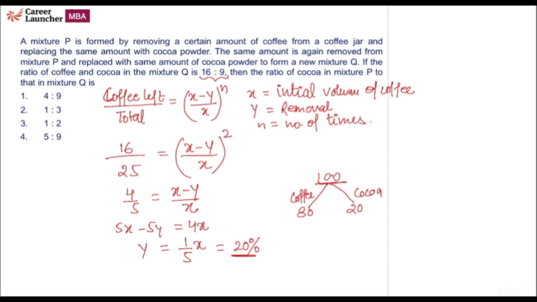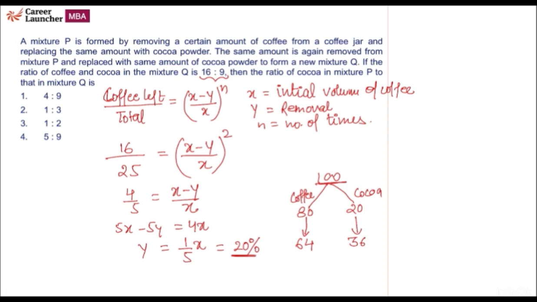If initially the coffee was 100, then 20% of coffee was removed and we put the same amount of cocoa in that. In the second replacement, we again did the same thing. 20% of this is removed. It will remain 64. Coffee has become 64, so the remaining 36 is cocoa.